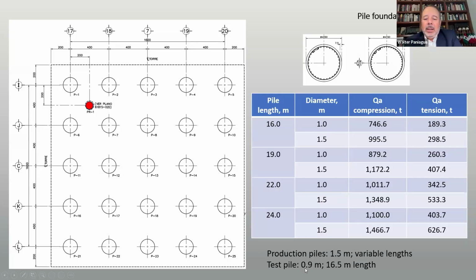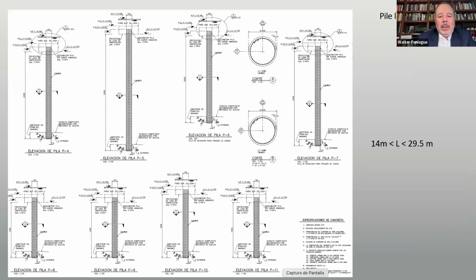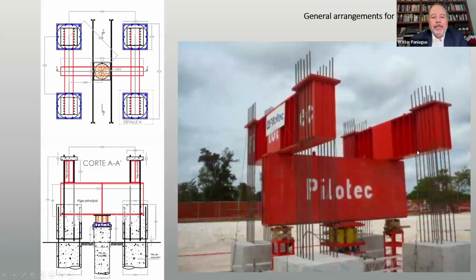So the test pile, 0.9, sorry, my mistake, and 16.5 meters length. The production piles have different lengths due to the presence of the cavities. Here you have the plan, the blueprint of the different lengths. As you see, there are so many, between 14 and 29.5 meters.